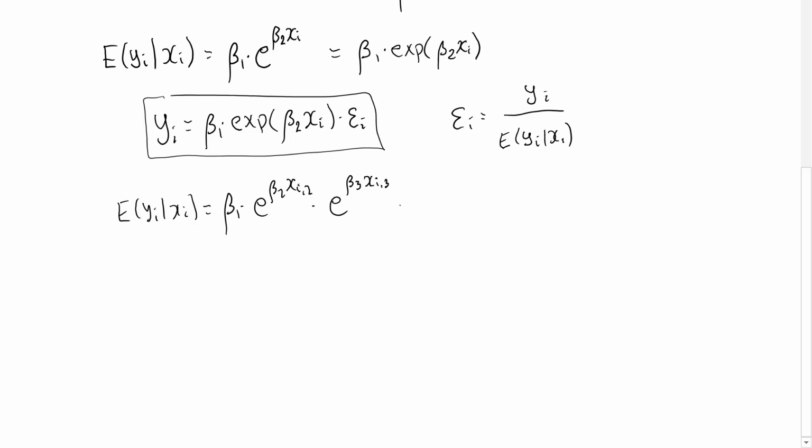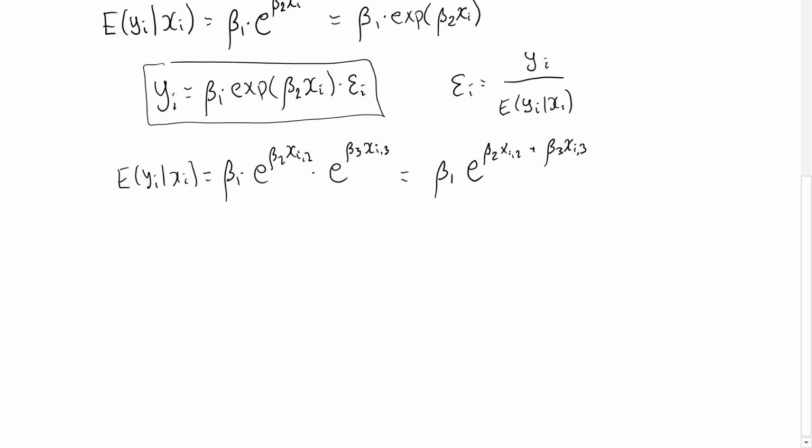But remember the power rules, we can also write this as beta 1 e to the beta 2 x_i2 plus beta 3 x_i3. In this case, we get so many superscripts and subscripts that we tend to prefer the exp notation: exp of beta 2 x_i2 plus beta 3 x_i3. So the part in here will be a linear function.